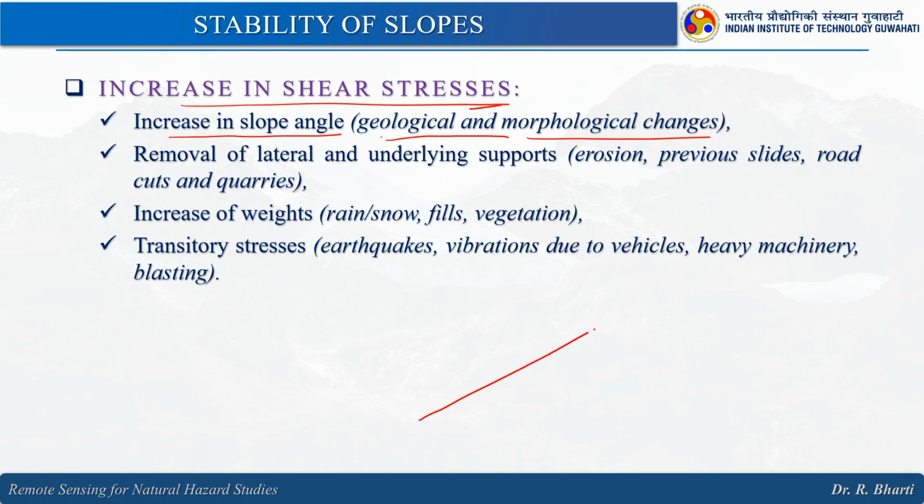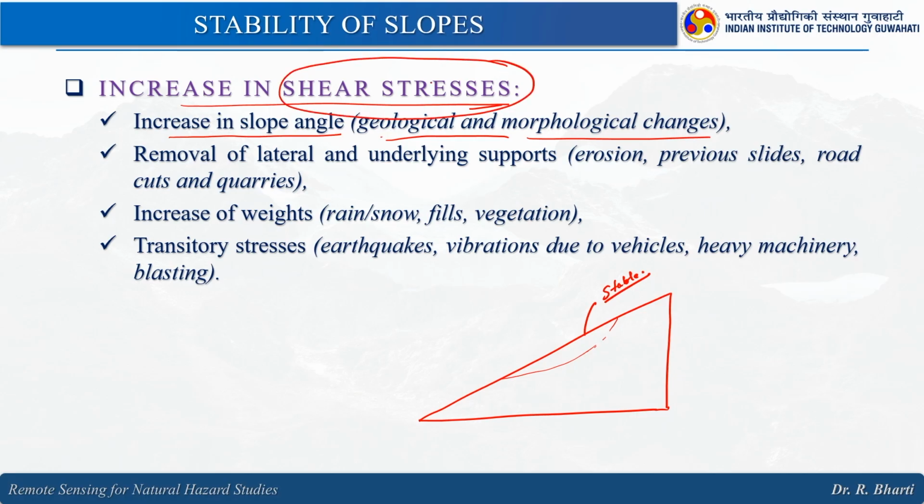Let us say this is the slope which we are targeting, and this is in a stable condition. Now there are two ways it can fail, either shear stress will increase or shear strength will decrease, right. So when we say shear stress will increase, if I increase the slope, how will the slope change? Because of weathering.